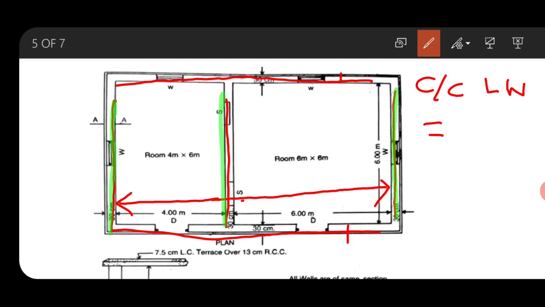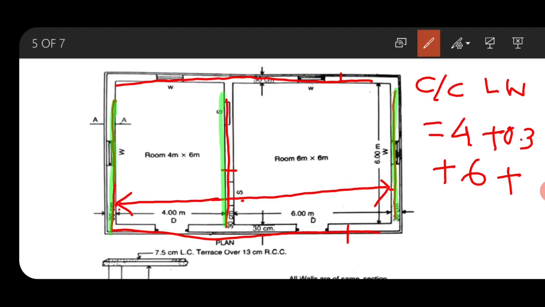So, this will be equal to how much? 4 plus the wall thickness 0.3 plus this wall thickness 0.3 plus then another room of size 6 meter. So, this is the in to in dimension of the whole long wall starting from this wall up to this wall.